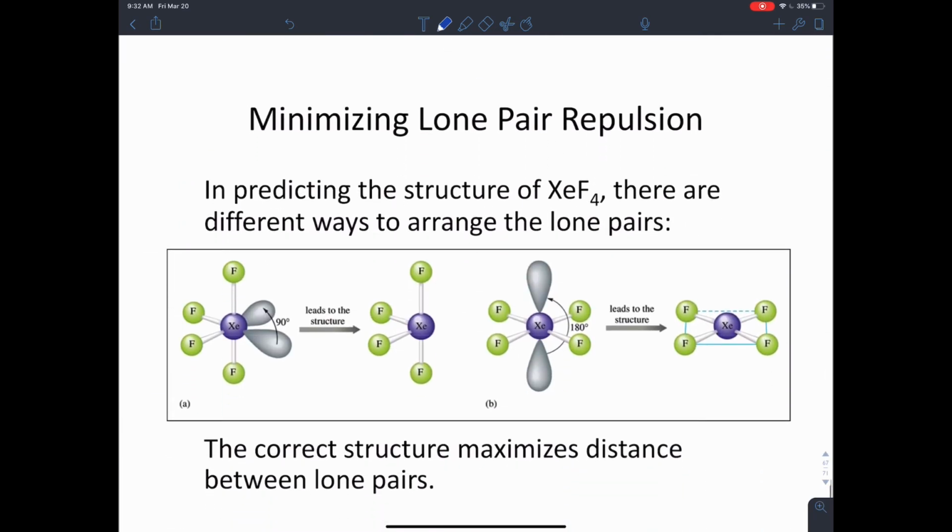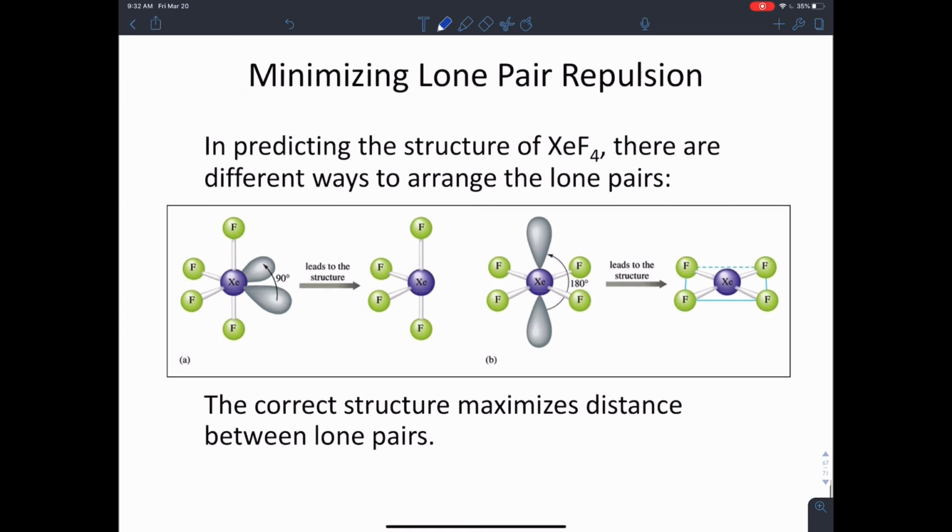Let's see another one. In predicting the structure of XeF4, there's different ways to arrange the lone pairs. The first way leads to a seesaw, and the second way leads to 4 on the same plane.